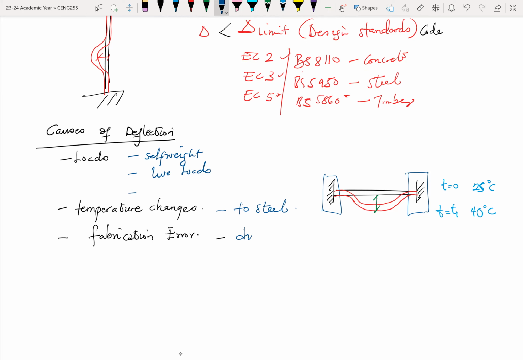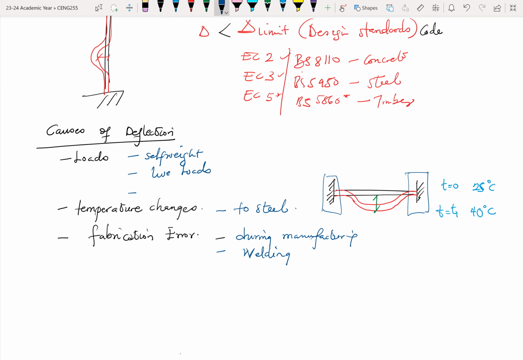So again, this will be pretty much common to steel members, where fabrication errors can lead to maybe a longer than usual length.